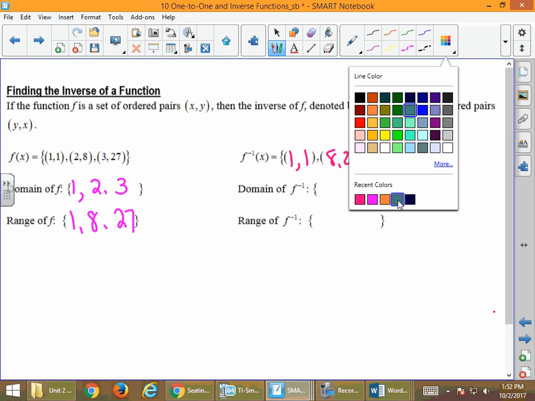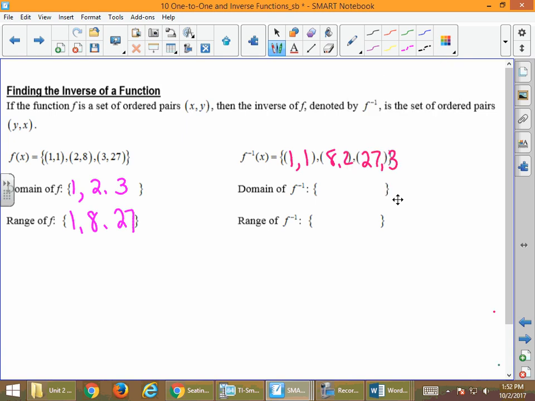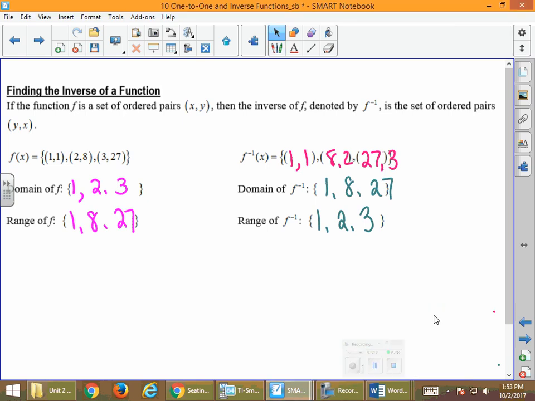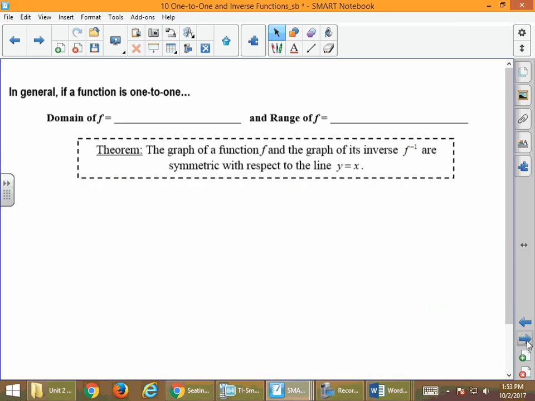When we look at the domain of the inverse, they are going to be the x values of the list of our ordered pairs, which are 1 and 8 and 27. And our range is going to be the y values, which are 1 and 2 and 3. And that's what we see right here.